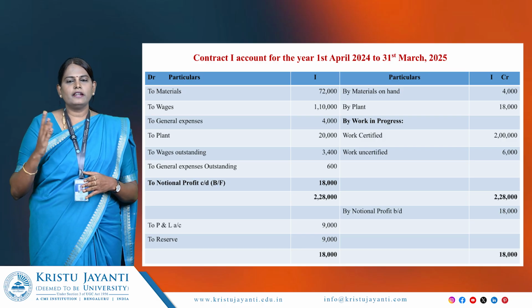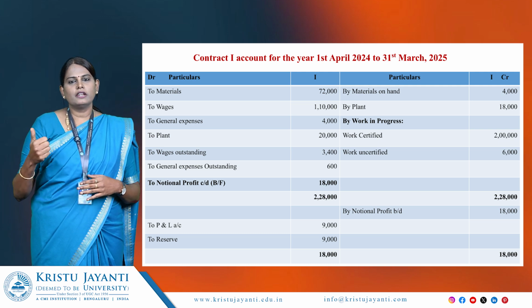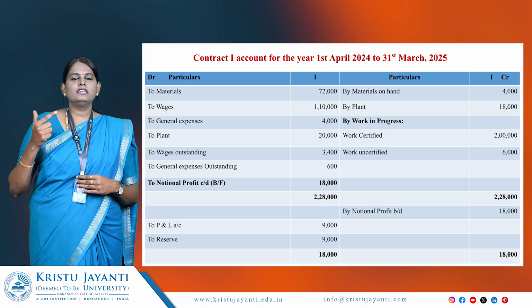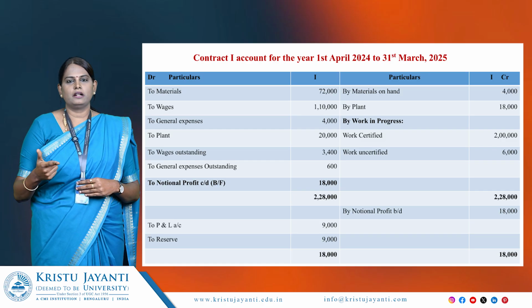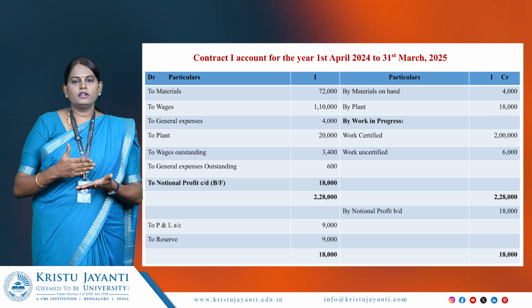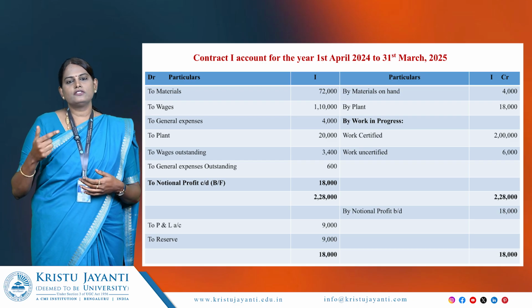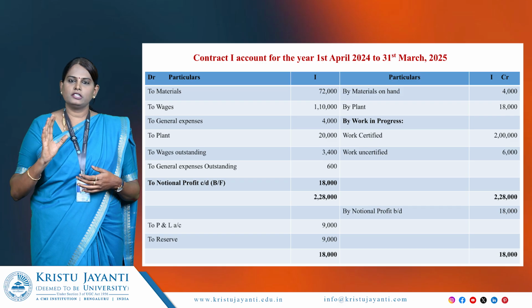Similarly, on the credit side, you have information such as material on hand, and there is a depreciation on plant. As you had already seen in the adjustment, there is a depreciation of 10% on the plant. Contract 1 started on 1st of April 2024 and ended on 31st of March 2025, so it's a whole 12 months this contract was in the picture.